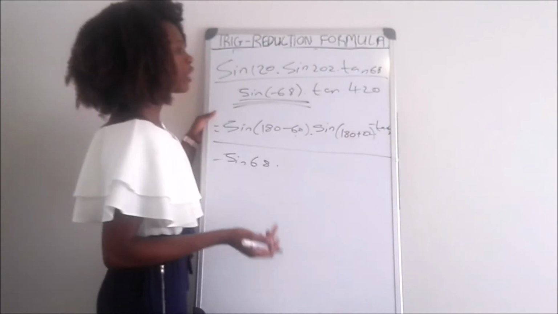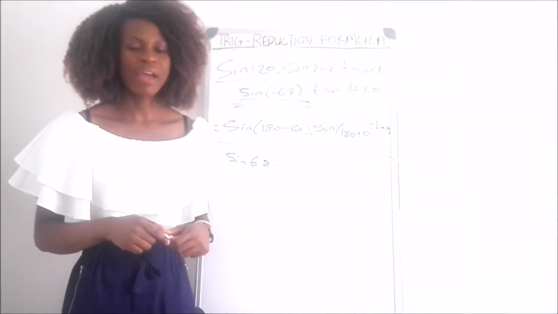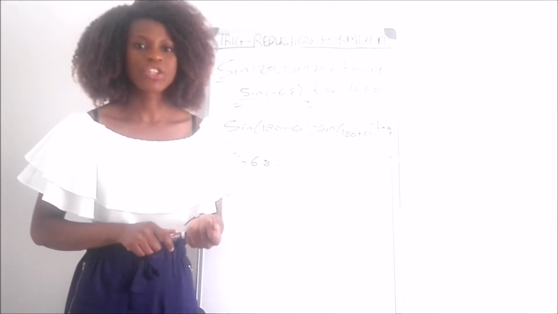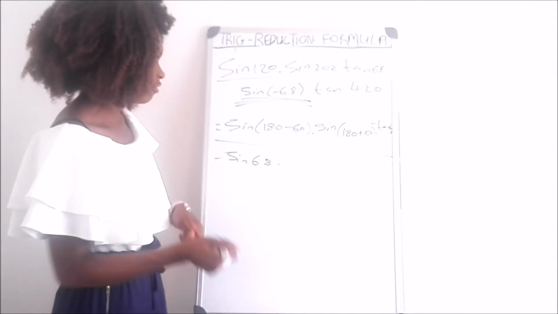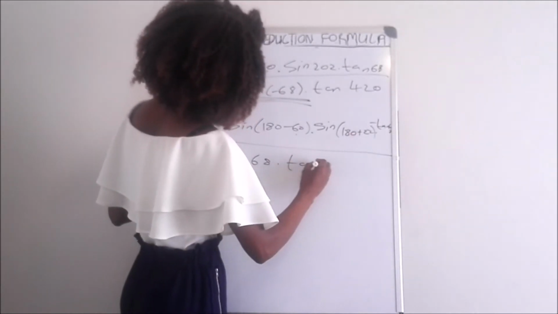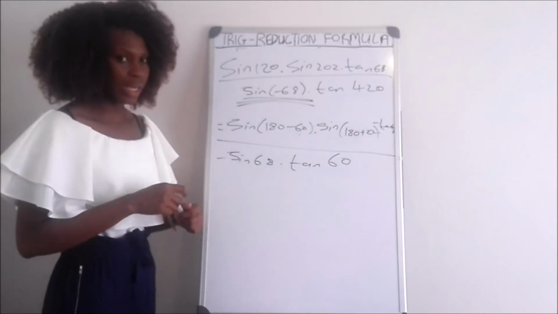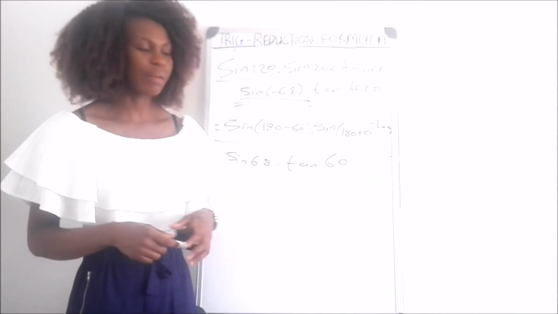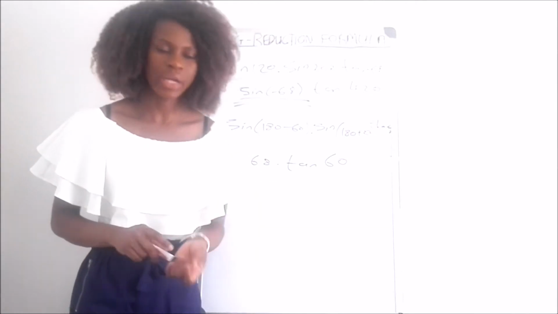And then tan of 420. Remember what I told you in our previous lessons: if an angle is over 360, you must first subtract 360 from the angle. So 420 minus 360 gives us 60, and now we have tan of 60. 60 is already an acute angle, so we don't need to subtract anything further.